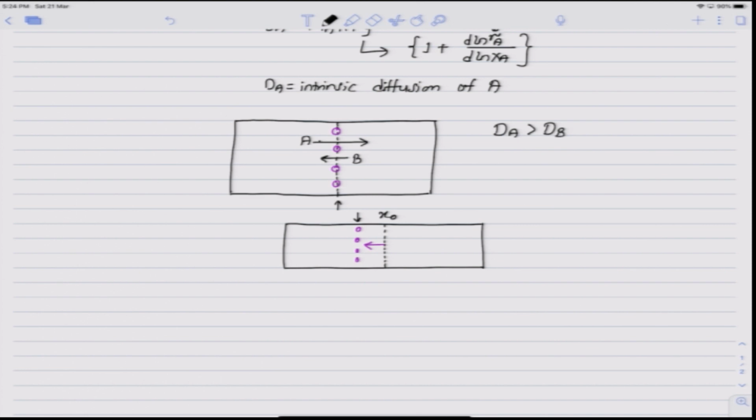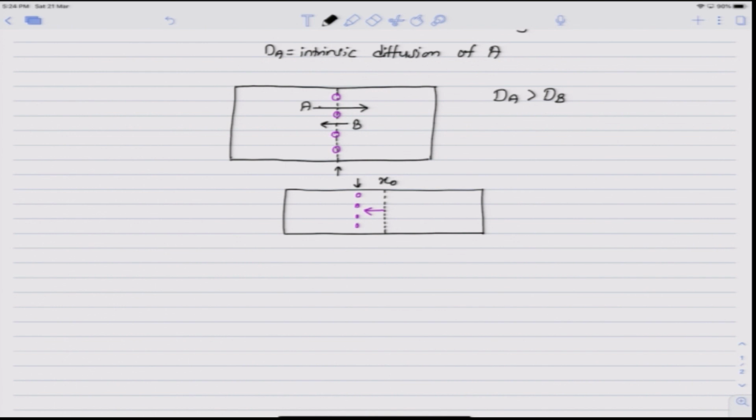The diffusion flux with respect to the frame of reference stuck to the lattice plane or the marker plane is referred to as the intrinsic flux, because it will give only the Fickian term. Whereas if we measure with respect to the Matano plane, there will be a term also because of the drift that has been caused because of this lattice movement.